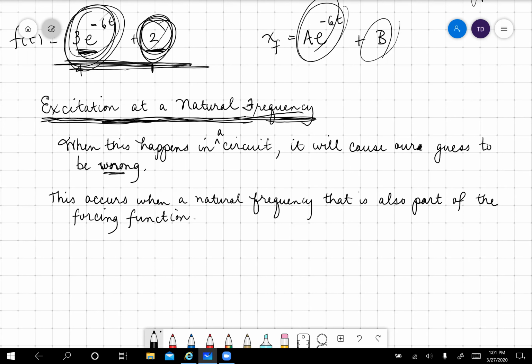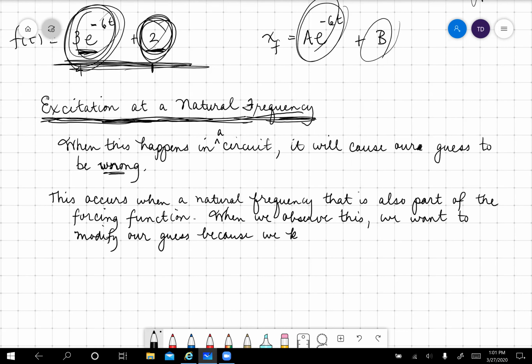So what we have to do when we observe this, and this is why we always want to do the homogeneous response first, when we observe this, we want to modify our guess because we know our guess is going to be wrong. So if we don't modify our guess, we know the guess is going to be wrong.